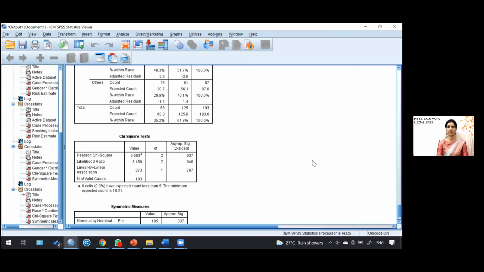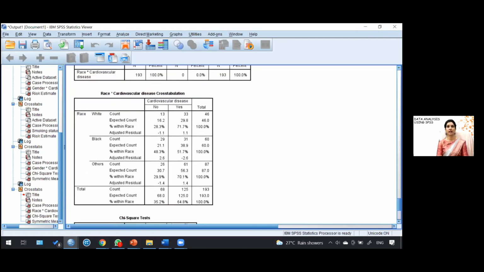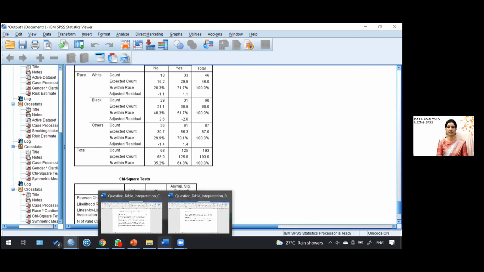Yes, by mistake I wrote that as 2.1. So it is 2.6. And this was responsible for the significant association between these two values, meaning black race and cardiovascular disease were significantly associated, right? So is there any problem with this interpretation or this writing?